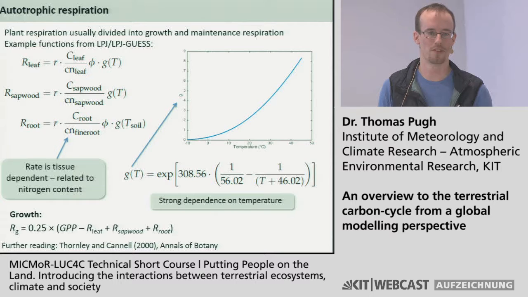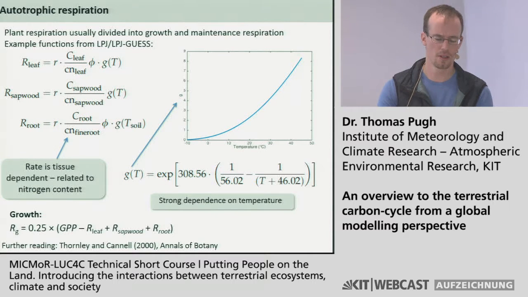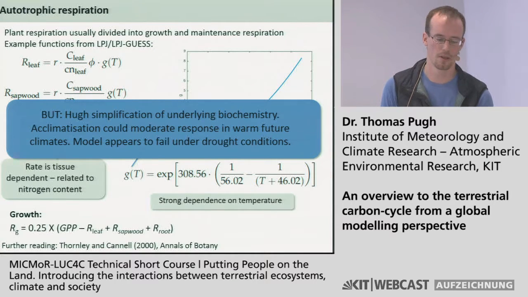So as the temperature increases with climate change, for instance, we get a strong increase in respiration in these models. Growth, we do actually much more simply. In our case, we just say a fraction of the leftover carbon goes into growth respiration, and completely gloss over all the processes that go into that. So this is how we generally do it, and it's a huge simplification of the underlying processes.